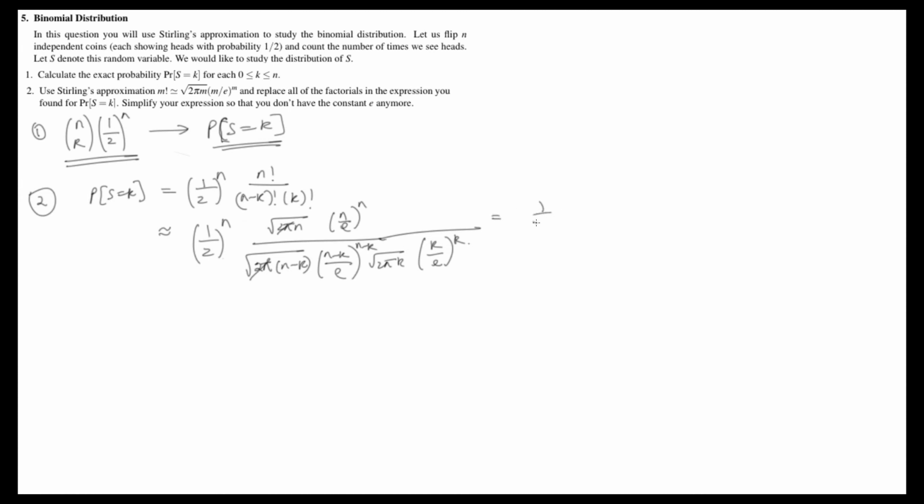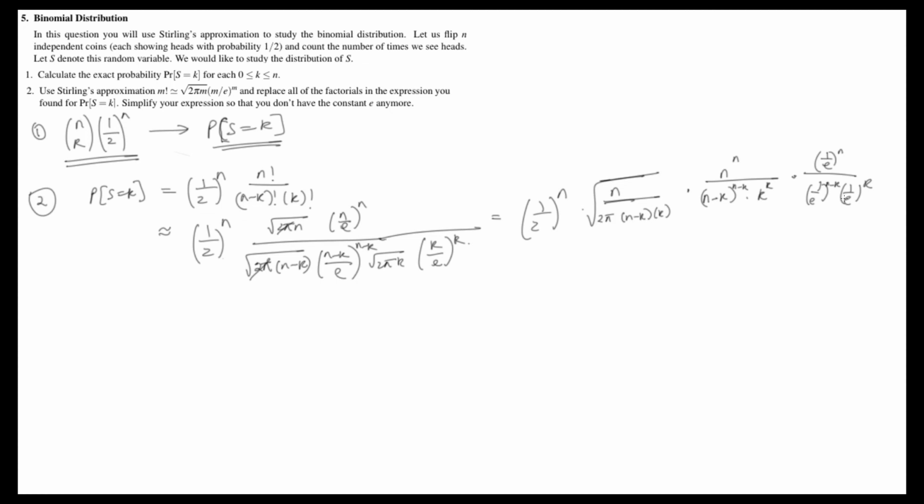So we have 1 over 2 to the n times root of n over 2 pi n minus k times k, times n to the n divided by, I'm just pulling out all the n and k terms, n minus k to the n minus k times k to the k, times 1 over e to the n divided by 1 over e to the n minus k times 1 over e to the k.